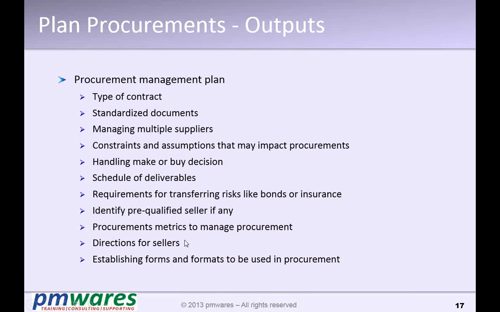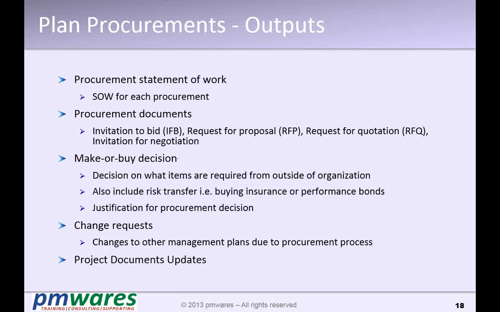Any direction or specific things which need to be communicated to the seller? The format in which you need reporting, reporting frequency, reporting format, the statement of work, requirements. The procurement document is another output of that.